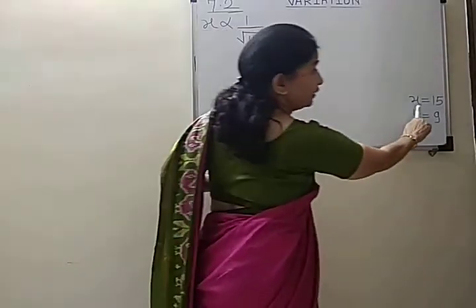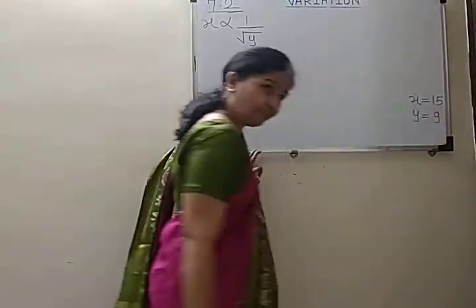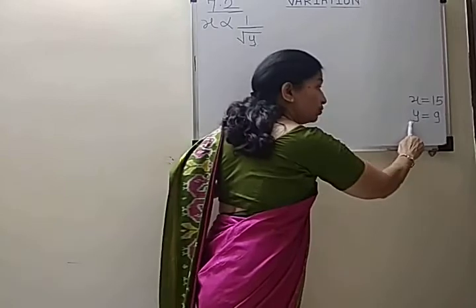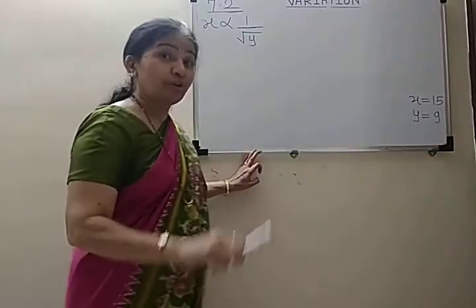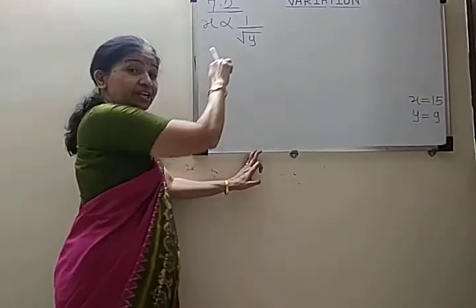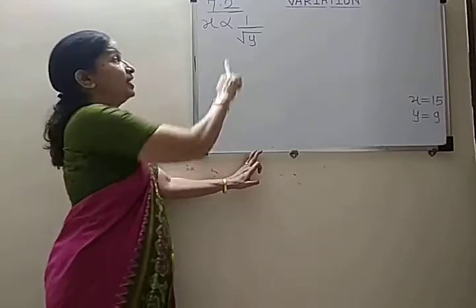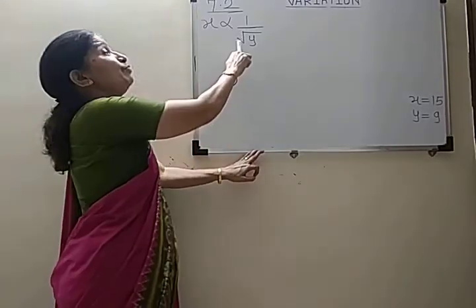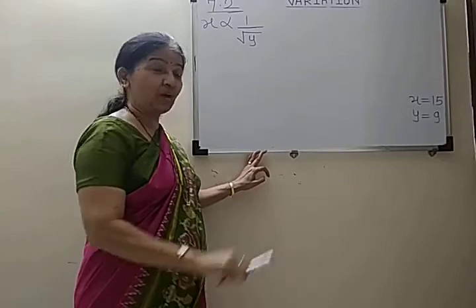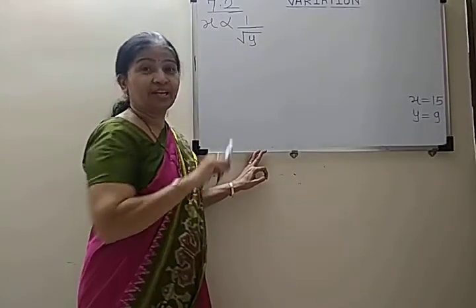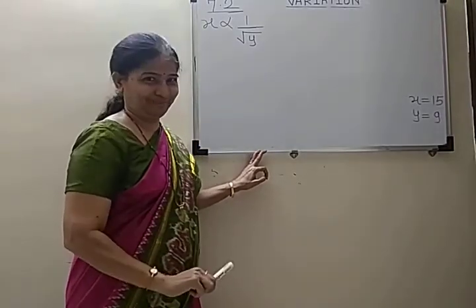When x is equal to 15, y is equal to 9, we have to find out constant k and we have to find out equation of variation.